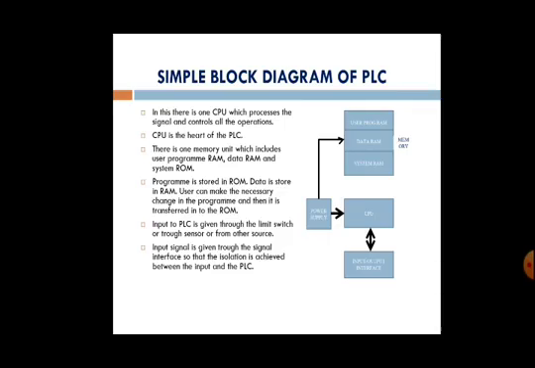There is one CPU which processes the signal and controls all the operations. CPU is the heart of the PLC. There is one memory unit which includes user program RAM, data RAM and system ROM. Program is stored in the ROM, data is stored in the RAM. User can make the necessary changes in the program and then it is transferred into the ROM.